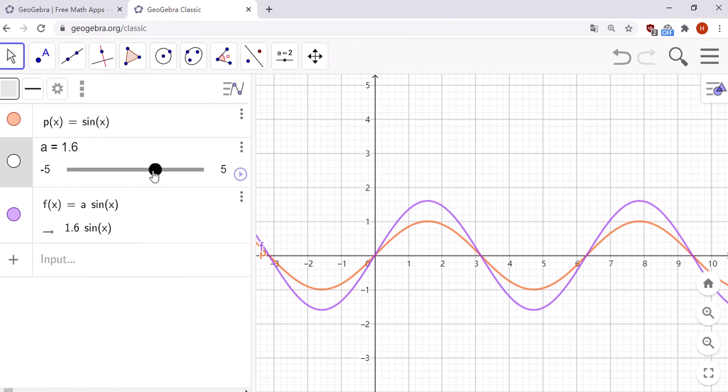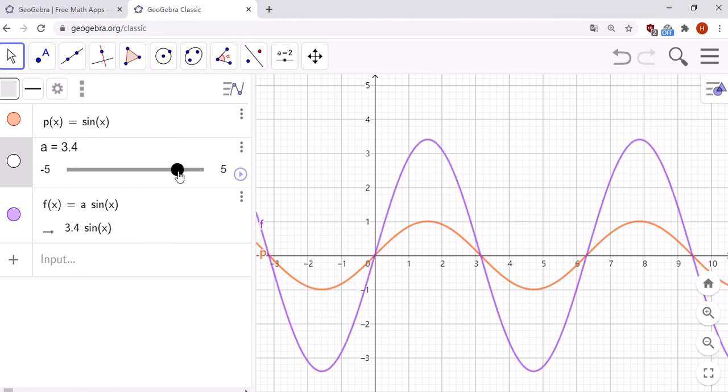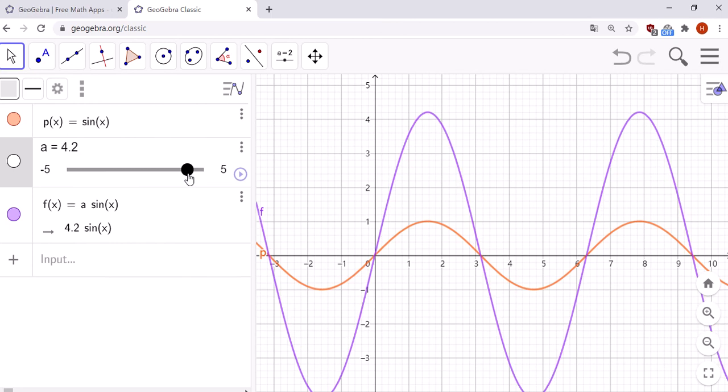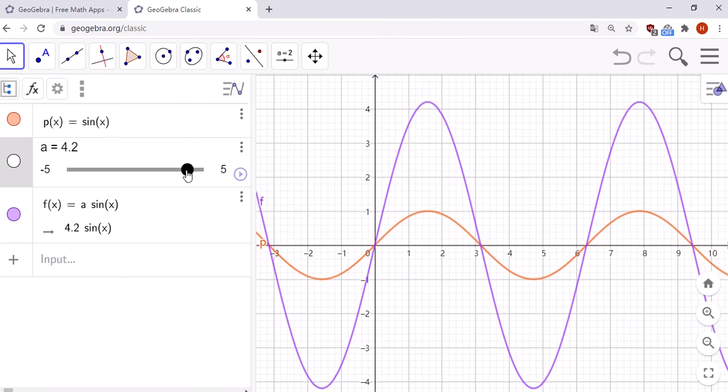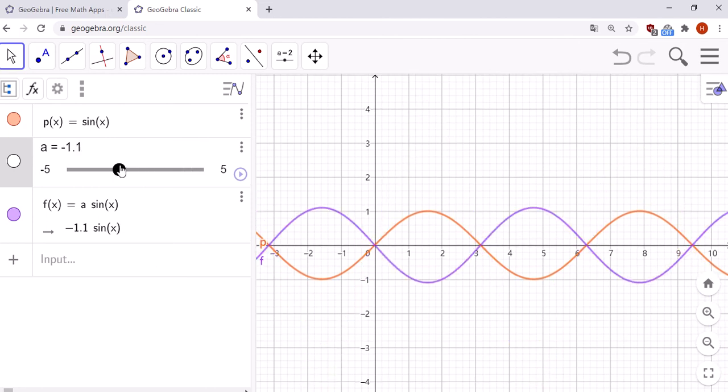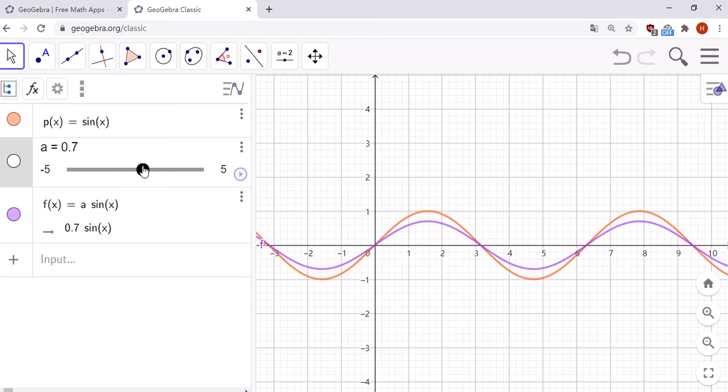When a is more than 1, here it is 4.2, positive 4.2 is the maximum, and the minimum is negative 4.2. And here a is 0.6, so this maximum point is 0.6, the minimum point is negative 0.6.